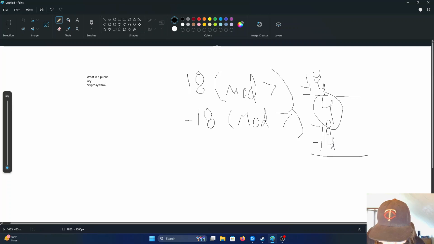Really not sure how they got that. Why is negative 18 mod 7 equal to 3? I couldn't tell you. It just is.